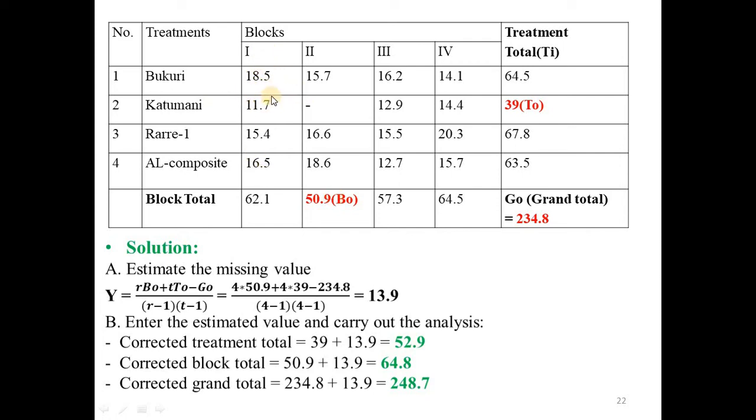Now the green yield for these varieties, this one in replication 1, is observed as this much gram of green maize, and similarly all these green yields were obtained from each replication and each treatment.